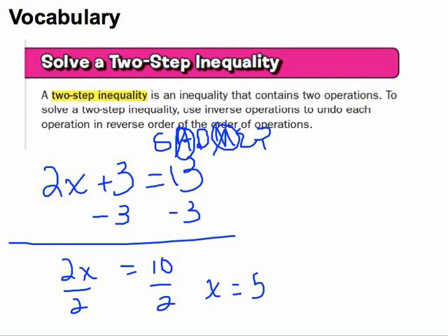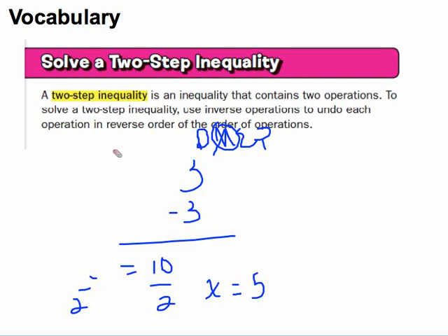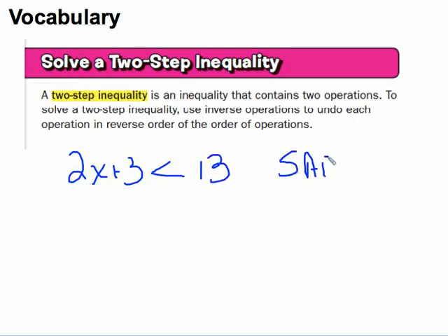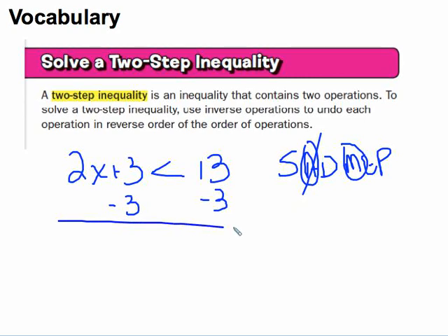Now what we will be doing today is two-step inequalities. So I may have 2x plus 3 is less than 13. So again, we're going to carry out the same type of backwards order of operations. So I see addition and I see multiplication, so I'm going to undo that addition first, subtract 3 from each side.